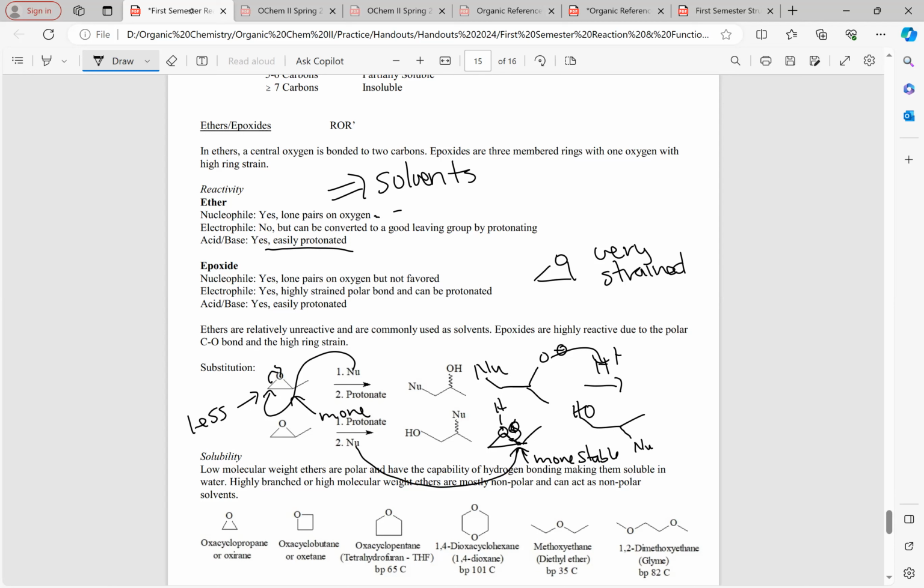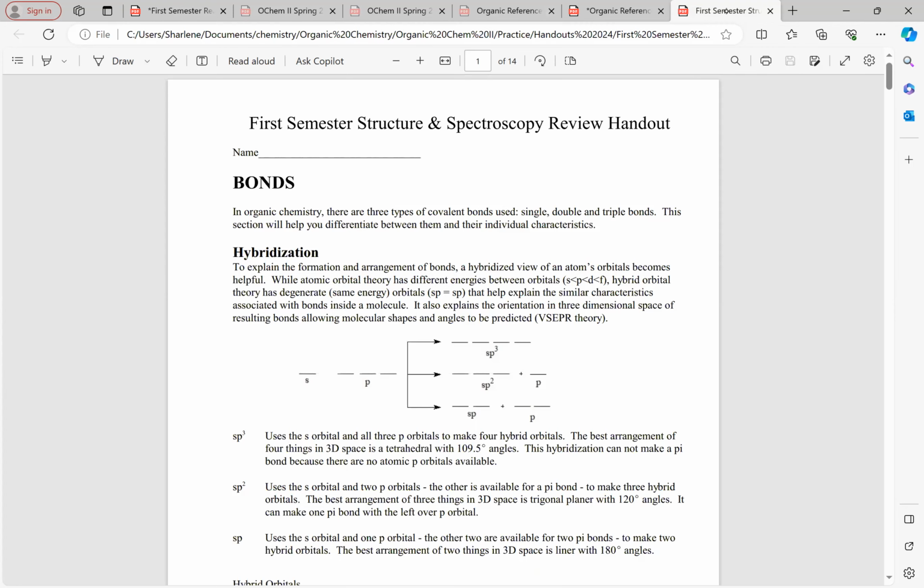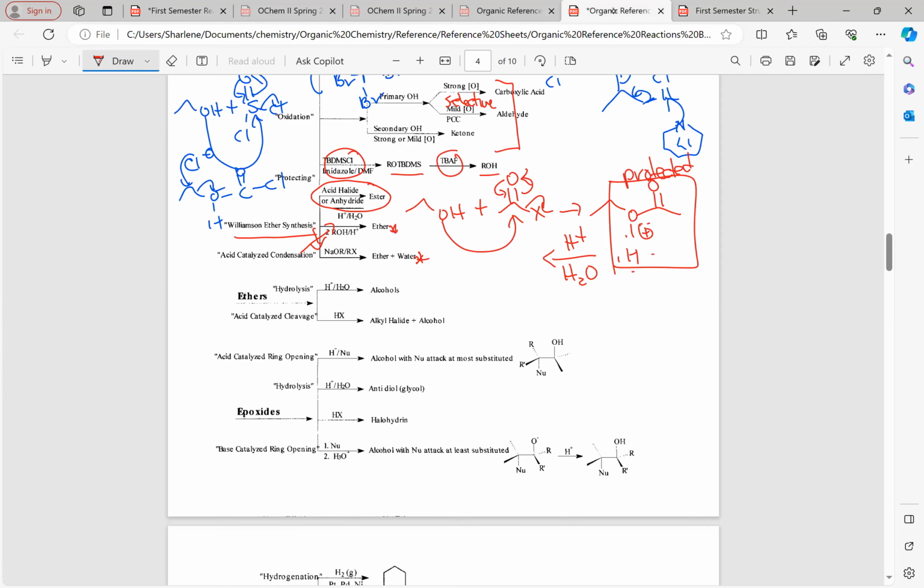So this one is called base catalyzed, not because you'd use a strong base, but because you're just starting with a nucleophile, and this one is called acid catalyzed. And so you can control the regiochemistry based on it being protonated or not protonated. Well, not you. All right, so that one, acid catalyzed ring opening and base catalyzed ring opening.